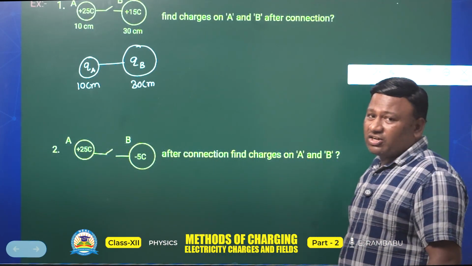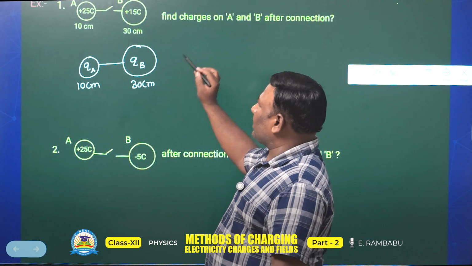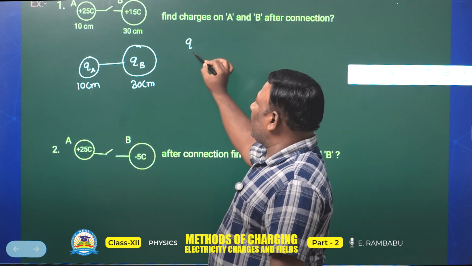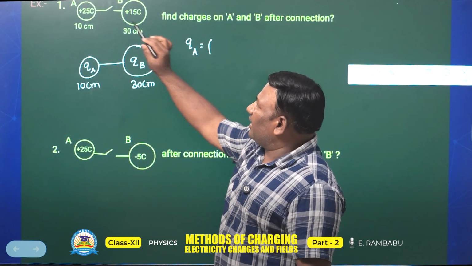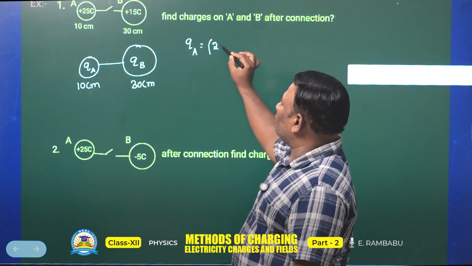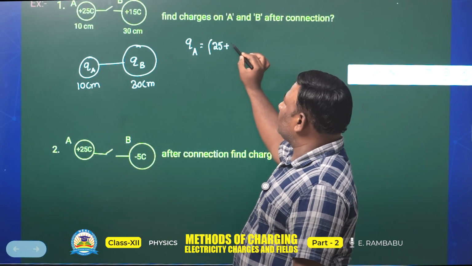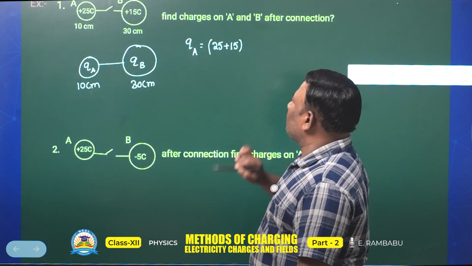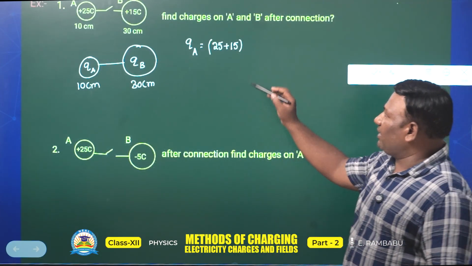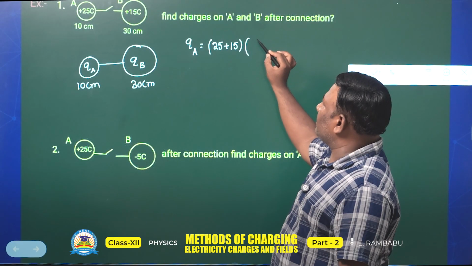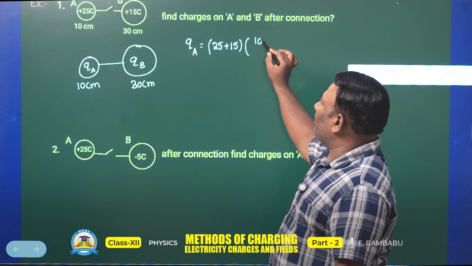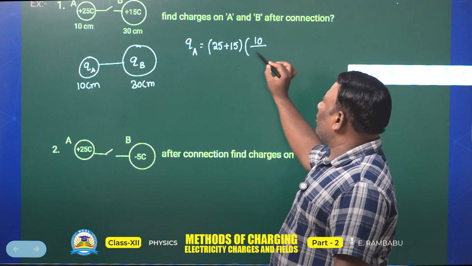See how to find the charge on each body when both are connected. The formula for QA is equal to system charge. System charge is nothing but A has charge 25, B has charge 15. The total system charge is 25 plus 15, into radius of the same body, RA, value 10 centimeters, divided by total radius.